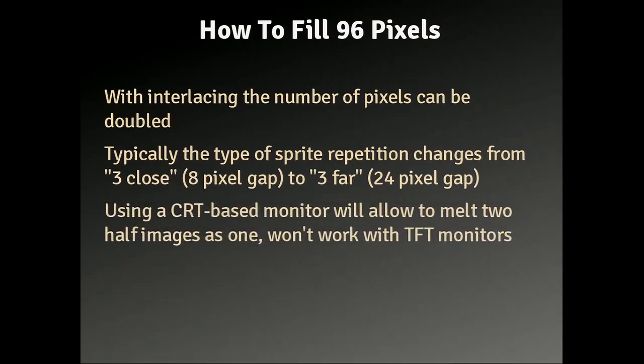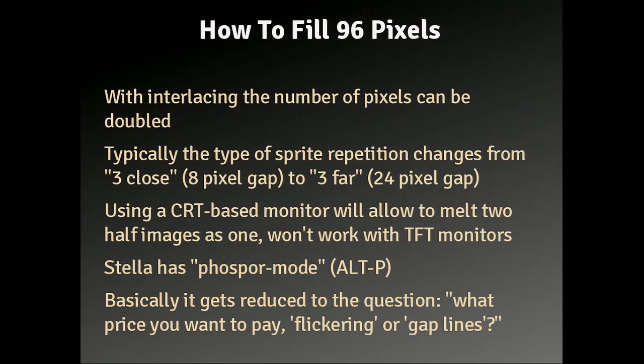On CRT-based monitors, this looks really beautiful. You probably won't even notice that there is some interlacing there, but it won't work with TFT monitors. Stella has, for this, a phosphor mode that can be activated with Alt-P to simulate a CRT-based monitor.